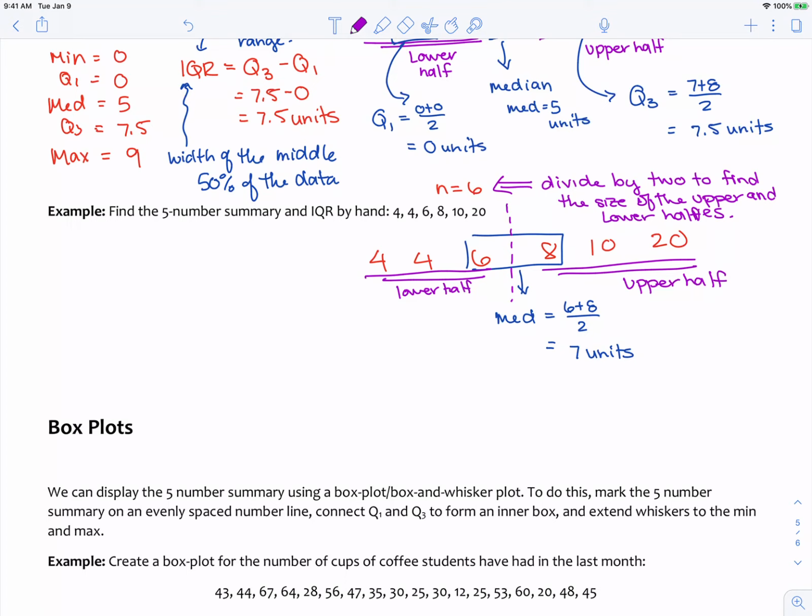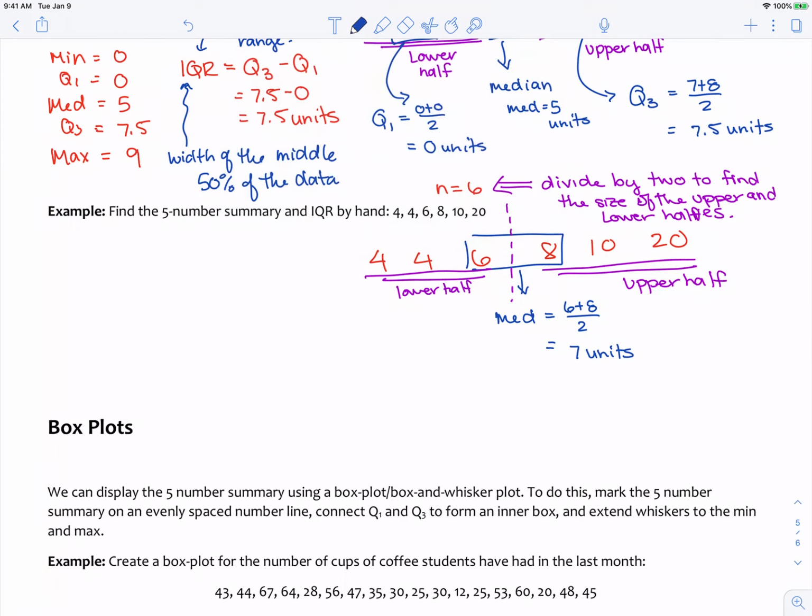median. So technically speaking, just like with the odd case, we are ignoring the middle value in our upper and lower halves, because technically the median of an even data set is the average of the middle pair, so not one of the numbers themselves. Now we're going to go to our list.